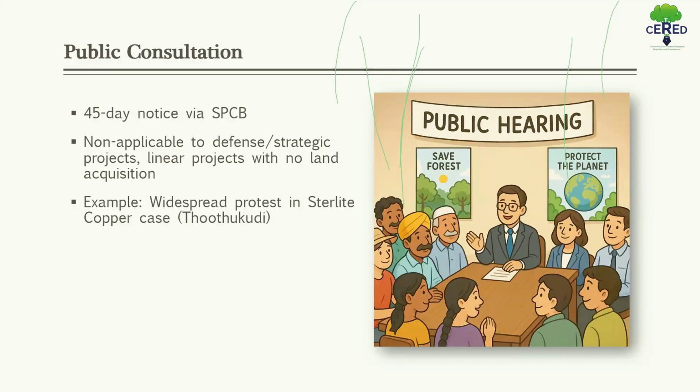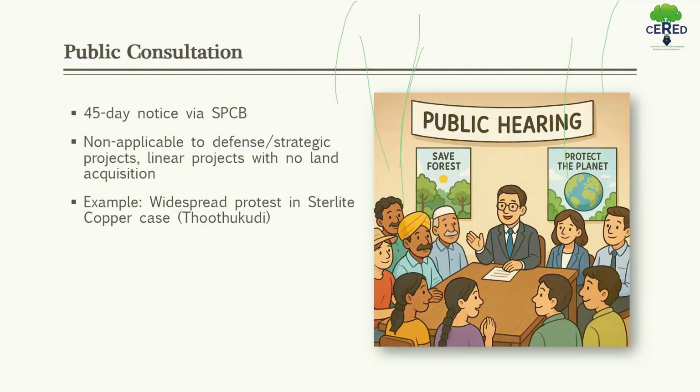And that is public consultation, or what we call the EIA public hearing, the heart of democracy in environmental governance. It gives people a seat at the table, especially those who will be most impacted, because many industries are set up where the local villages or rural areas are.